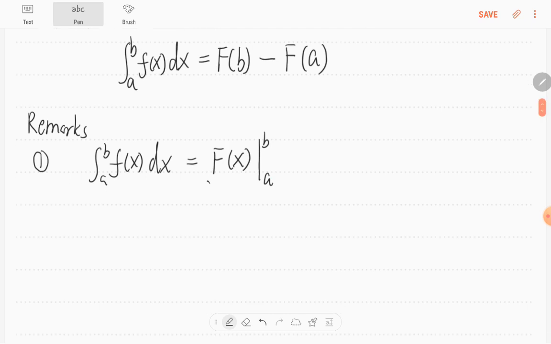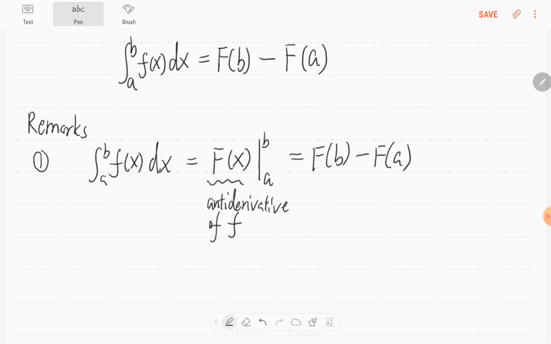Here capital F is the antiderivative of the lowercase f, so we use this symbol to denote F of b minus F of a.